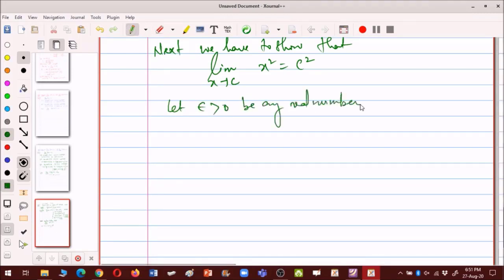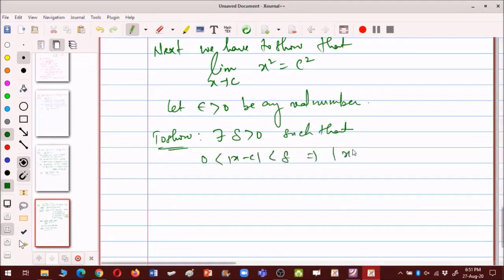I have to find some delta greater than 0 such that 0 < |x − c| < delta should imply |x² − c²| < epsilon.